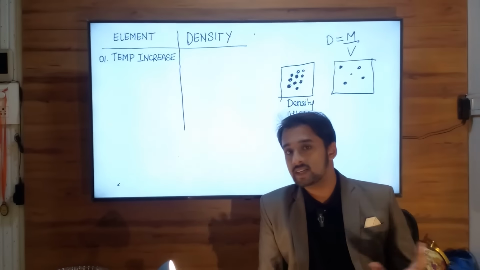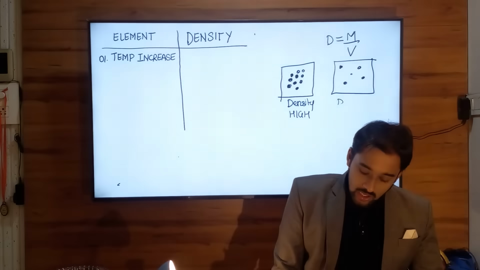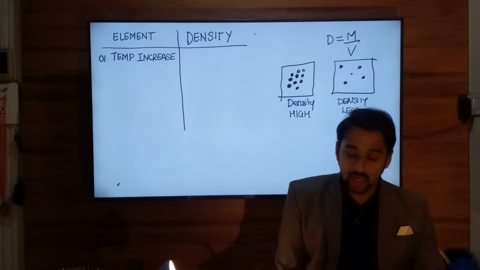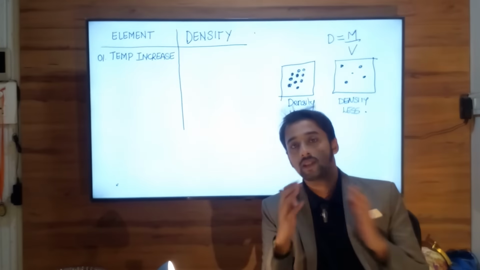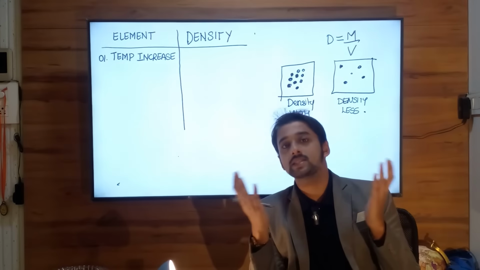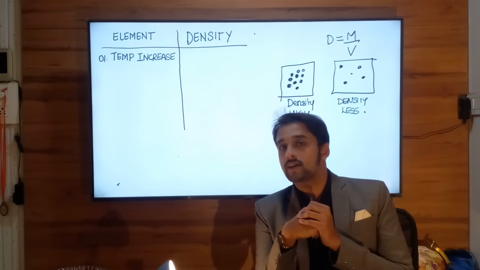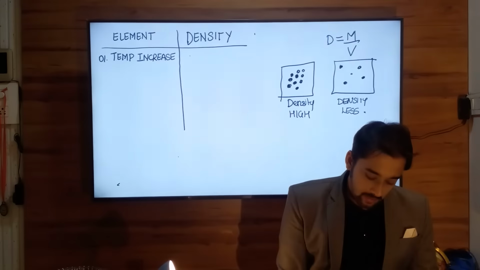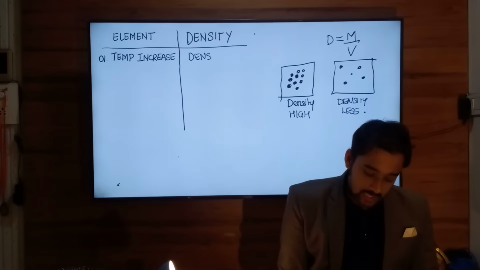The traffic inside it is very less. So density is less. Now, when temperature in the atmosphere increases, the air mass will expand. It will grow in size. As a result of that, the density of that substance will decrease. So remember, when temperature increases, density decreases.